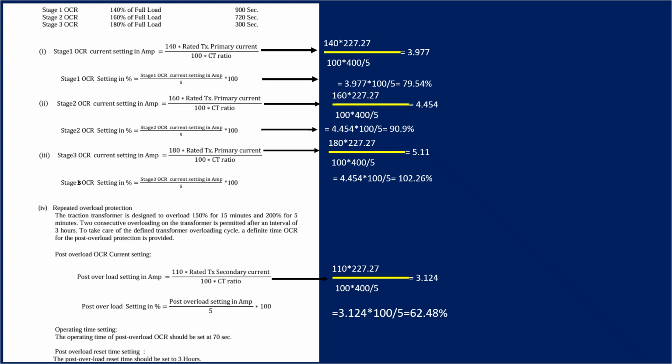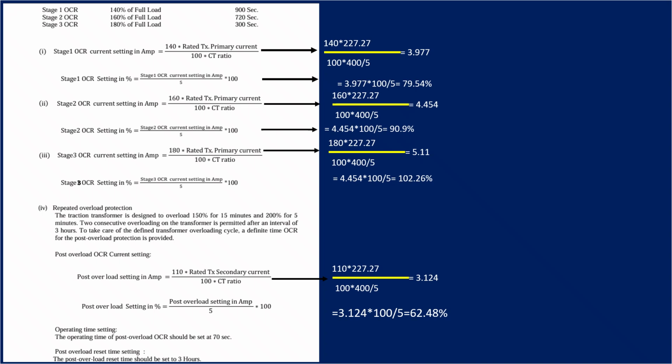Friends, for the post overload setting in ampere, they have written 110 into rated transformer secondary current, but this secondary current has to be reflected in the primary because we are calculating the HV side. The secondary current is near about 1091 ampere, and if you reflect it in the primary it comes around 227.27 ampere.